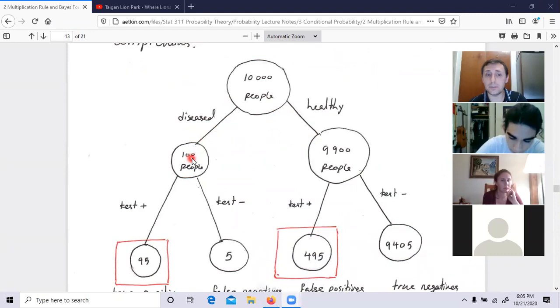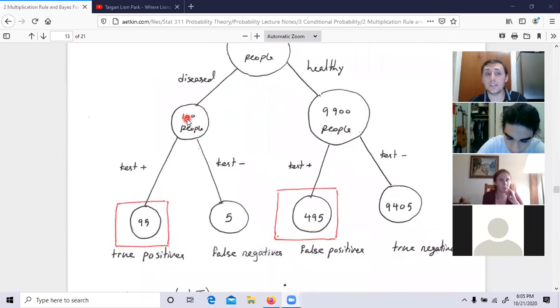So 100 people are diseased and the others are healthy. And then of the diseased people, 95 will be correctly identified as positives and 5 will be incorrectly identified as healthy. So those are false negatives, right? You have true positives and this is a false negative, yes?